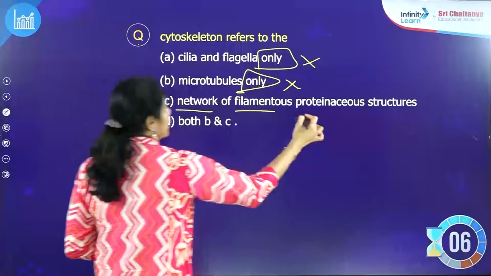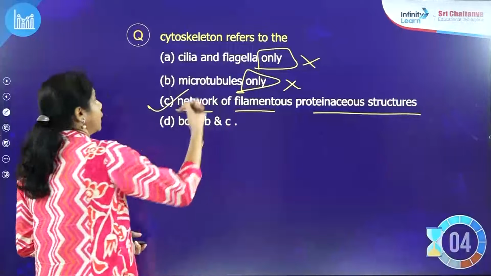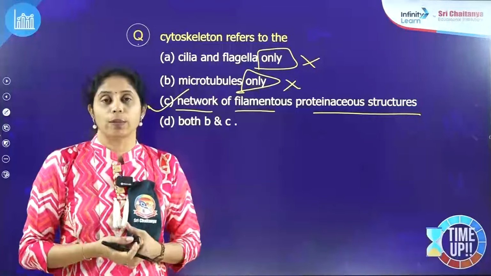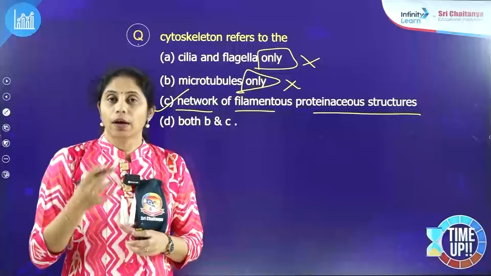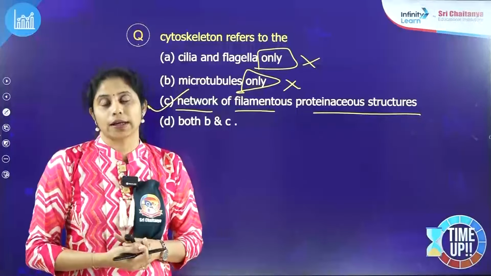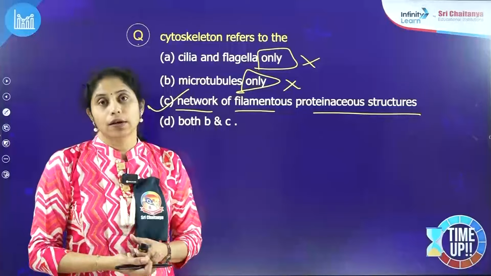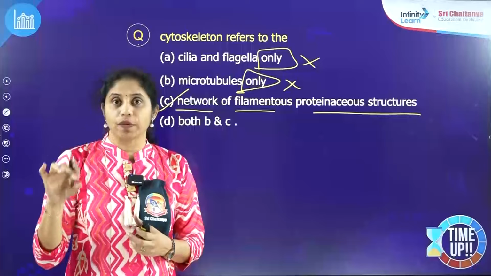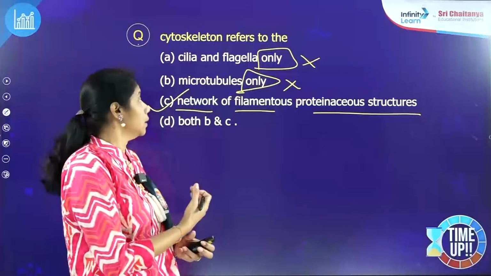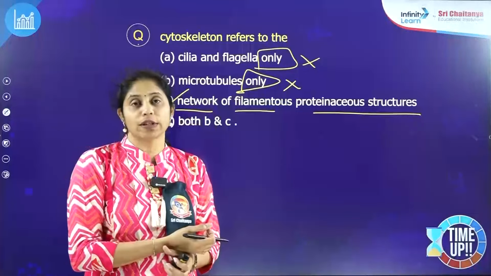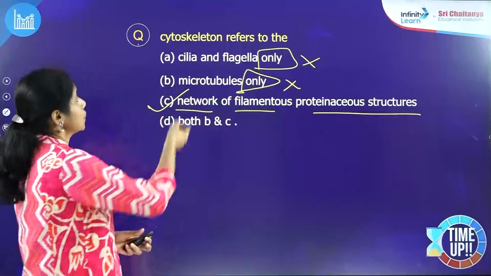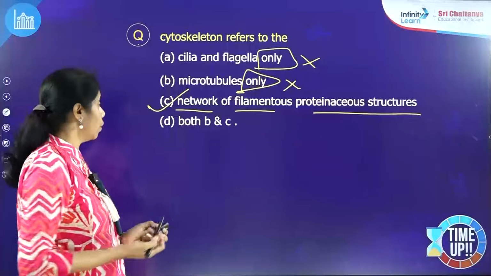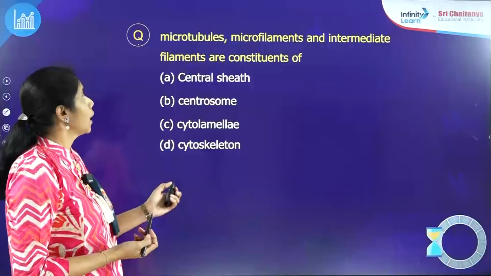But network of filamentous proteinaceous structures is correct, because microtubules, intermediate filaments and microfilaments are arranged in a reticulate network throughout the cell, maintaining the shape of the cell. So, it is correct, not both B and C.